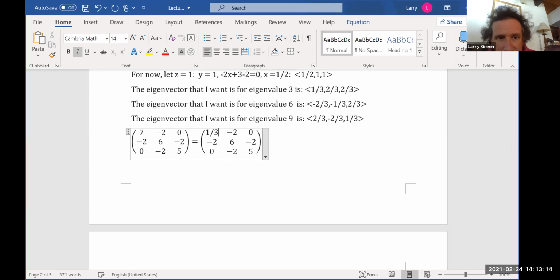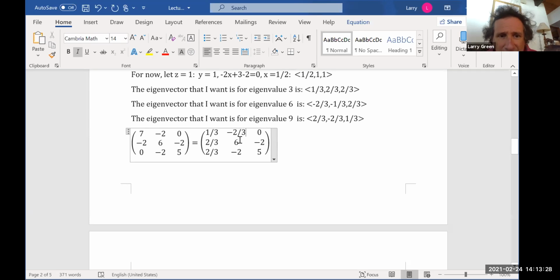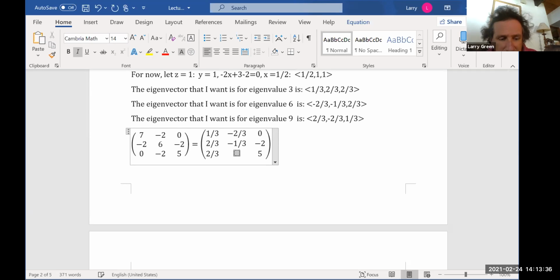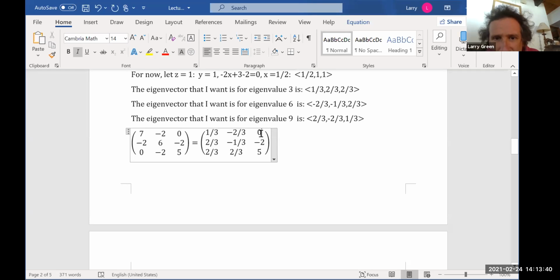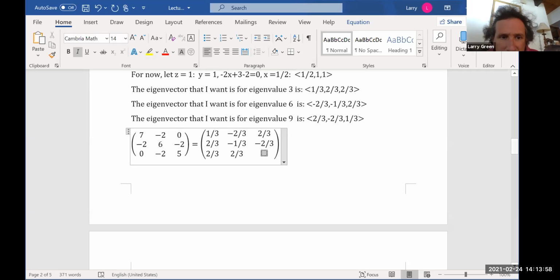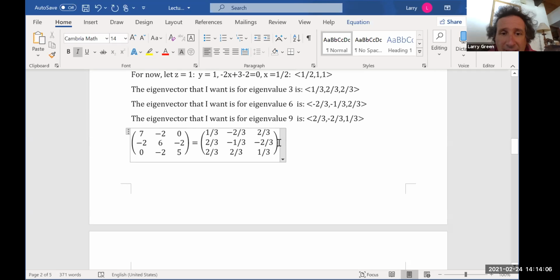So 1/3, 2/3, 2/3, and then negative 2/3, negative 1/3, 2/3, and then 2/3, negative 2/3, and 1/3. Any question that that's our P?